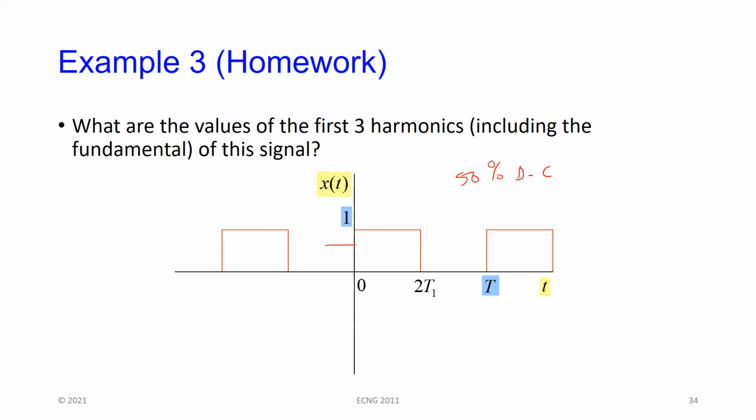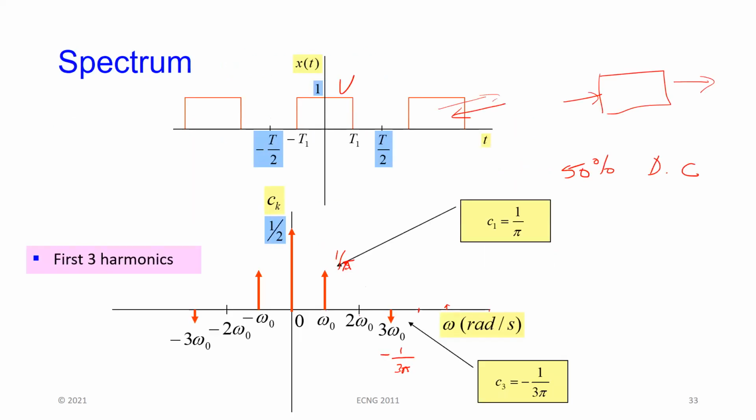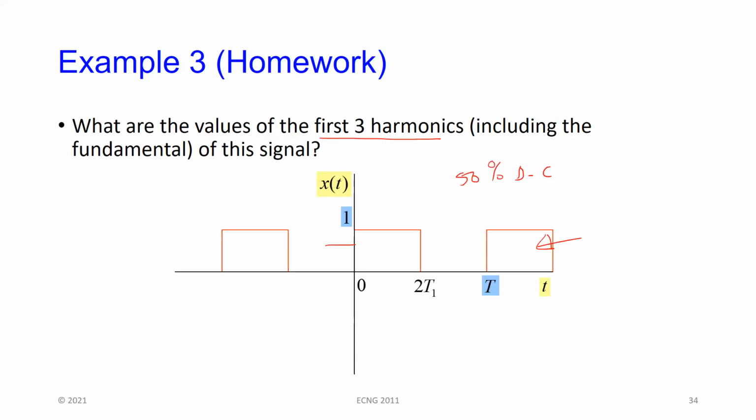But again, do you expect the first 3 harmonics of this to be different from that one if the duty cycle is the same? Should it be different or would it be the same? Think carefully. Same harmonics or different harmonics?